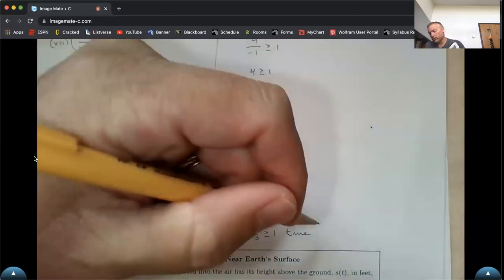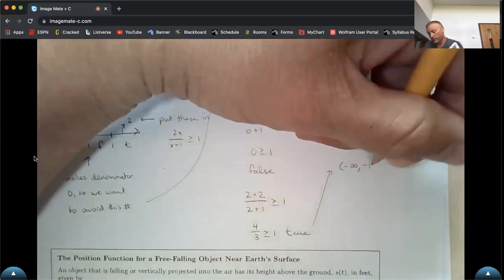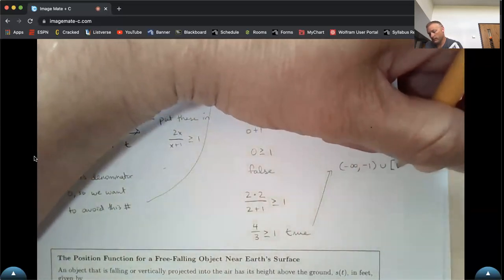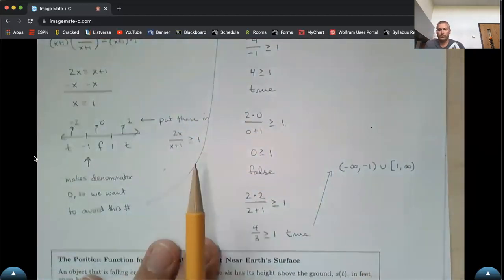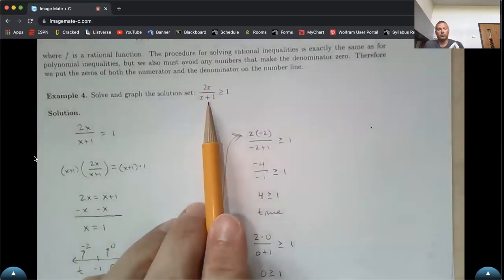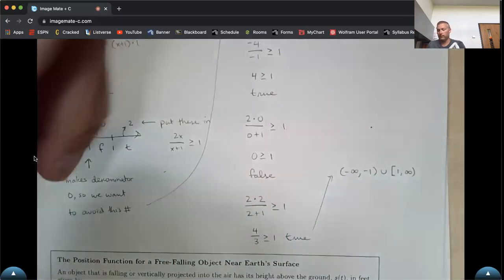Now, when I write the solution set, I have to be a little careful. There is an or equal to, but I have to have a parenthesis on the -1. The reason for this is because -1 makes the denominator 0. So I can't plug it in. It's just a boundary. Okay.